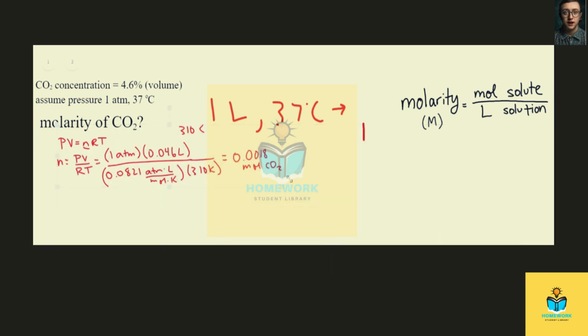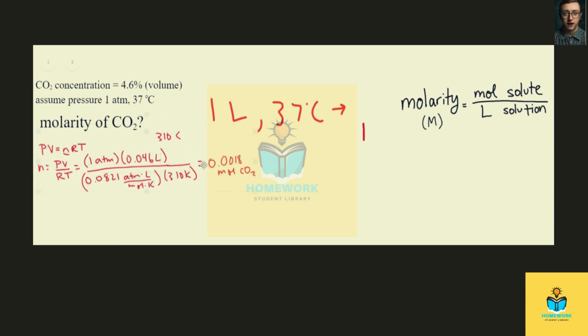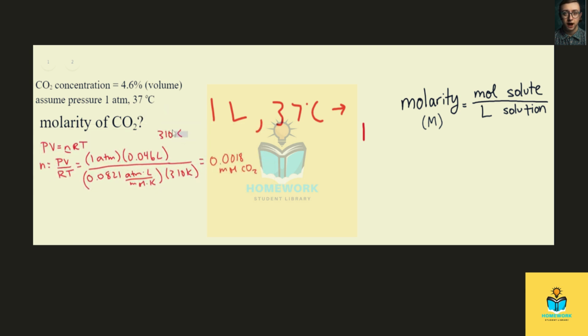Okay, where does that take me? So essentially what I did here was assume that I was working with 1 liter. Let's set this aside. That was the assumption. If I assume that it's 1 liter, then that 1 liter contains 0.0018 moles of gas.